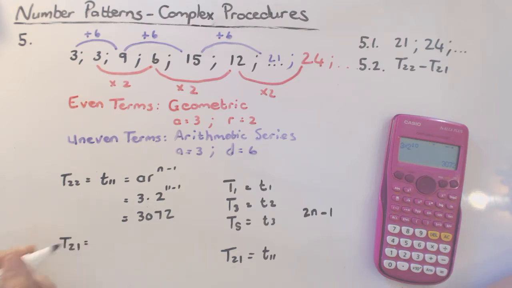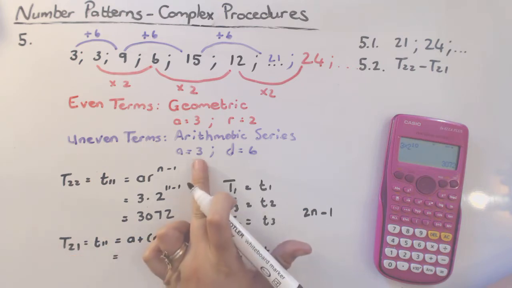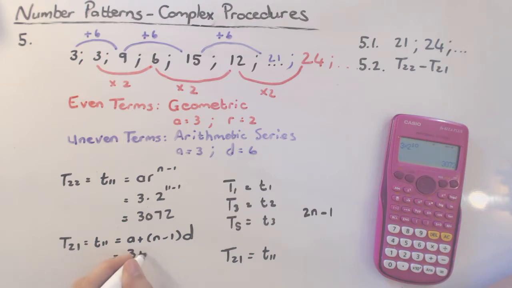Right, so the 21st term is term 11 in the arithmetic series, a plus n minus 1 d, where my a value is 3, the 11th term, and my d value is 6. So this is 3 plus 10 times 6 is 60, plus 3 is 63.